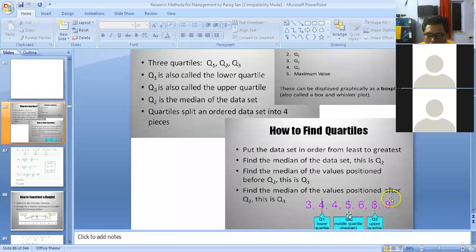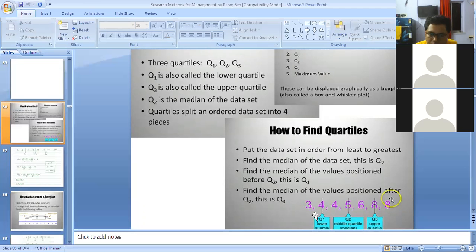Before that, I would like to tell you one thing. What is the difference between quantile and quartile? You must understand that a quartile is also a quantile, but not all quantiles are quartiles. Why? Because quartile only indicates those quantiles where there are 4 divisions.